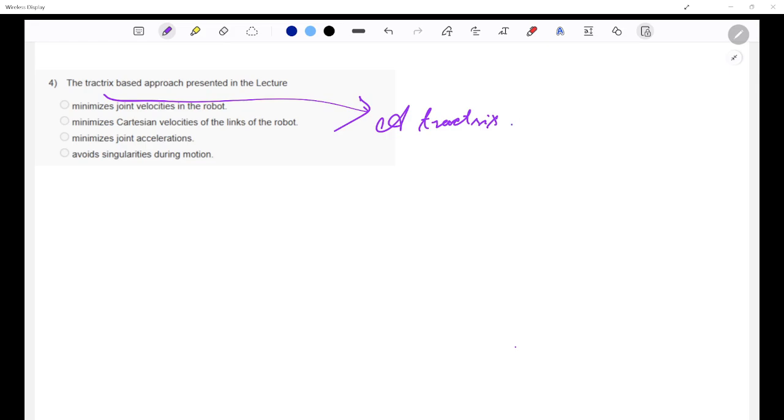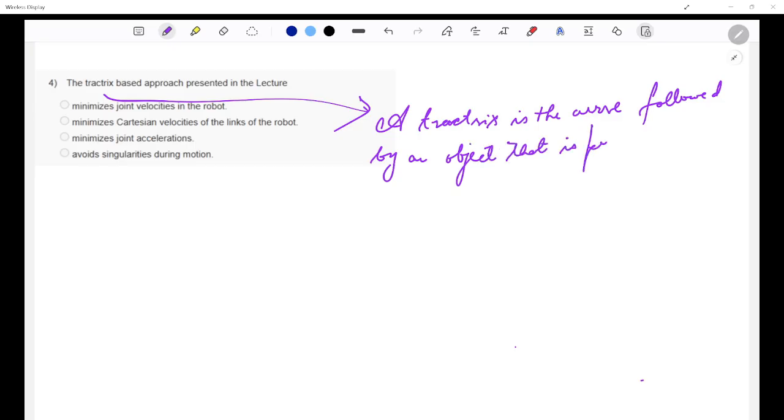So a tractrix is the curve followed by an object that is pulled by a string of constant length.